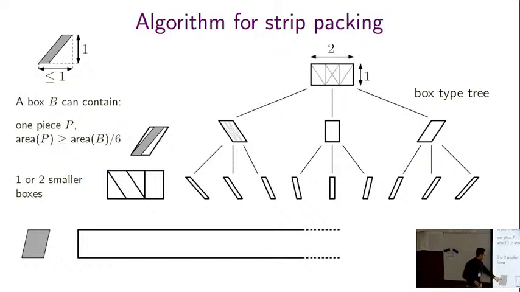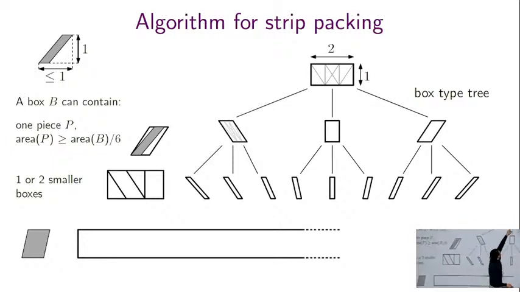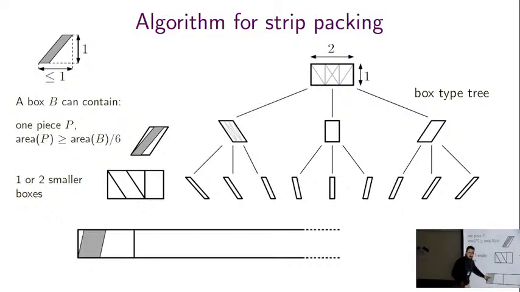And then when we get a piece, we find the smallest box that contains it. So this one could go into one of this type here. And then we would allocate that and put it in. And now this one is used because it contains a piece.